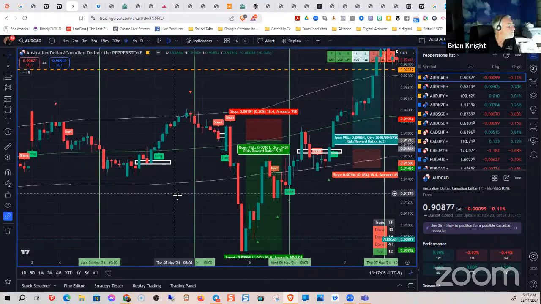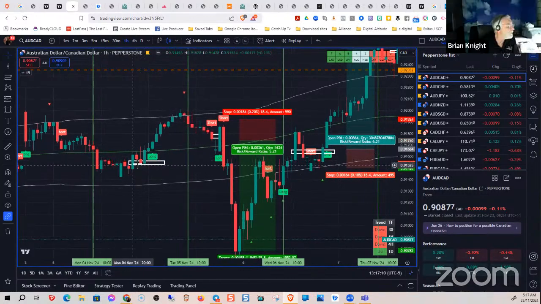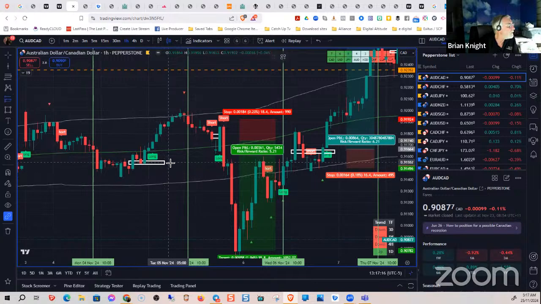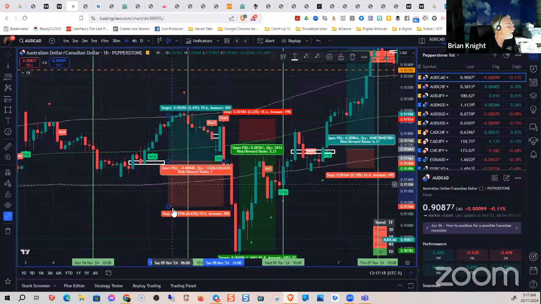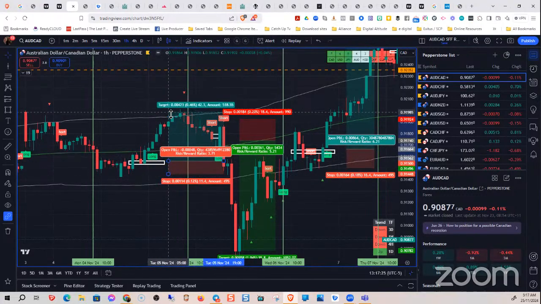Your red candle wick is your entry, the bottom of that one between there and there. Long position there. Gee, look at that. Out to the other side.